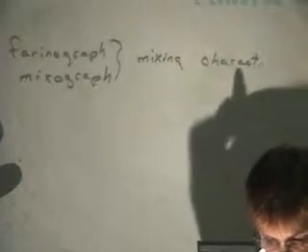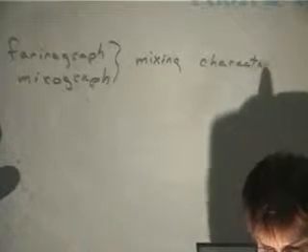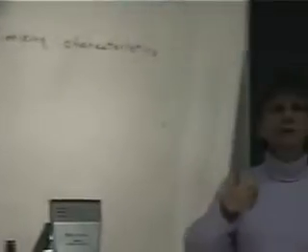So here we're talking about mixing characteristics, which include what? What information do you get from the farinograph? Absorption, peak time, and breakdown, and something about strength or tolerance, which could be MTI, mixing tolerance index, it could be stability, it could be time to breakdown, but we're talking about strength.